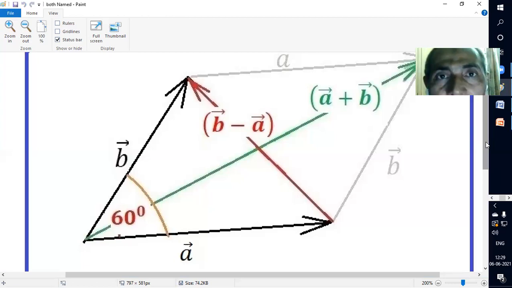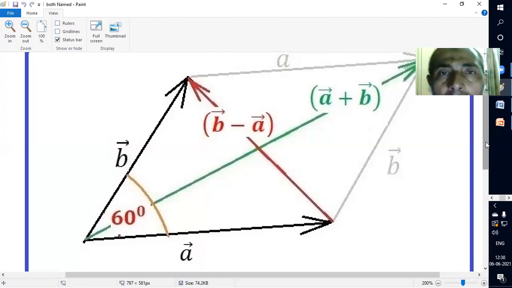And the other diagonal which is connecting the two heads of the given vectors indicates the difference of the given vectors. So all these things are included in the triangle law of vector addition and parallelogram law of vector addition.